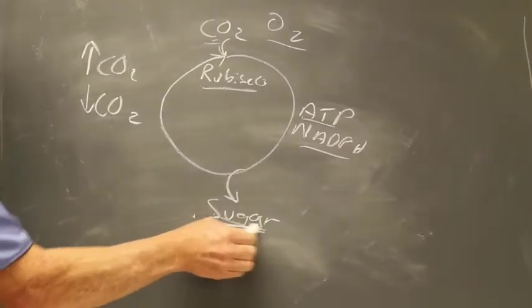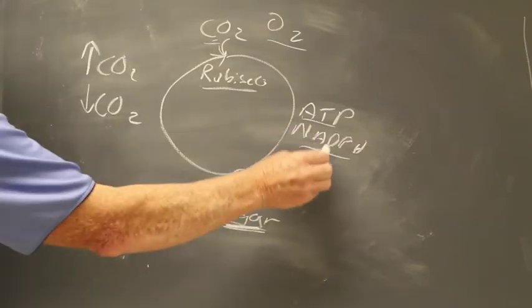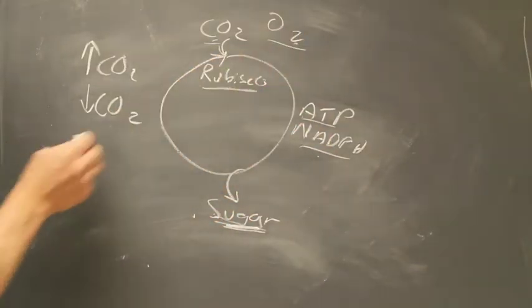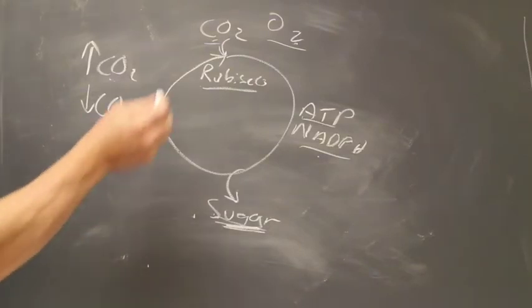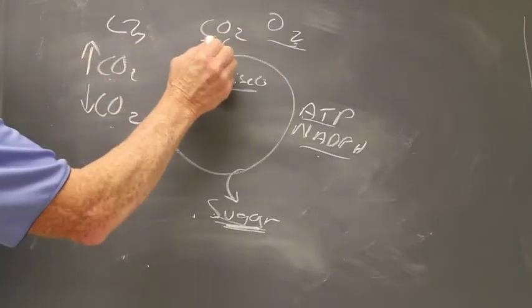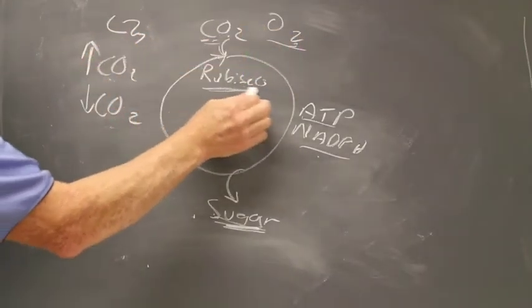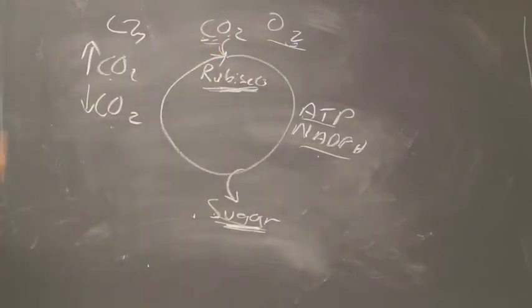However, no sugar is produced at the end. So it's basically wasting energy when it takes up O2 instead of CO2. So it's not a really efficient enzyme in low CO2 concentrations. And this is a C3 pathway. In a C3 pathway, our O2 and our CO2 are both together, where rubisco can take up the O2 and the CO2.